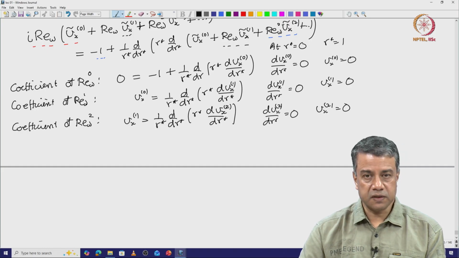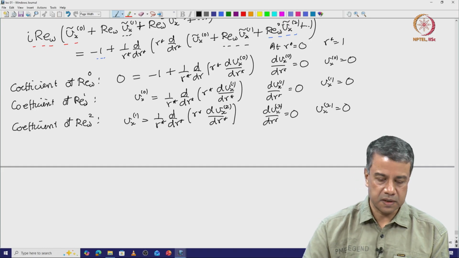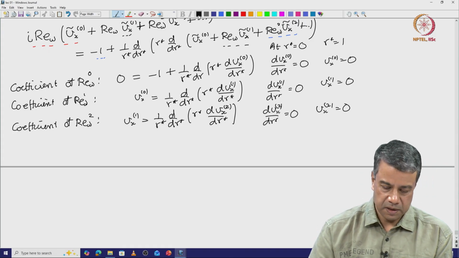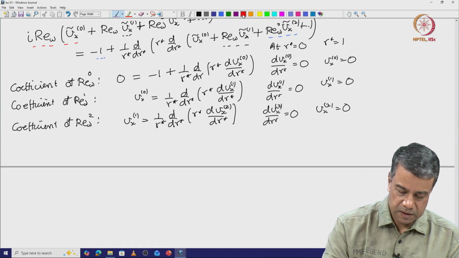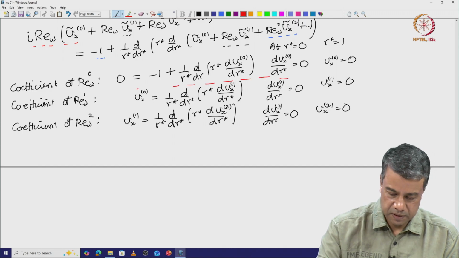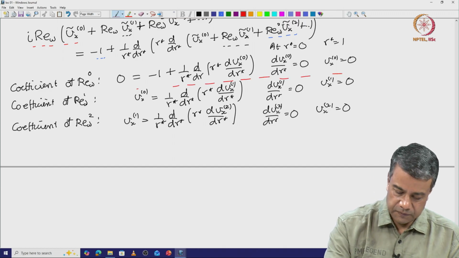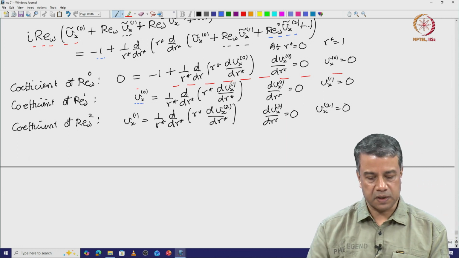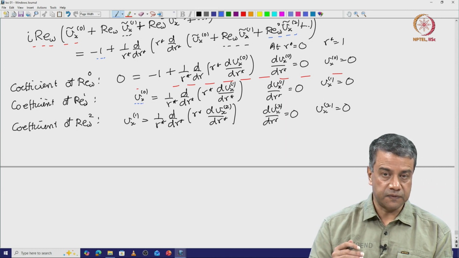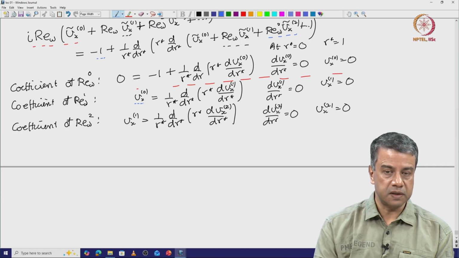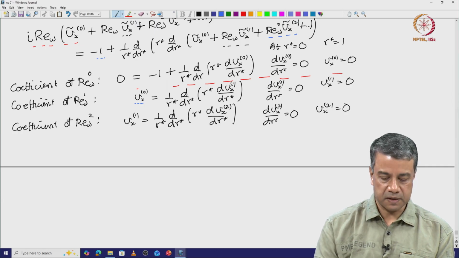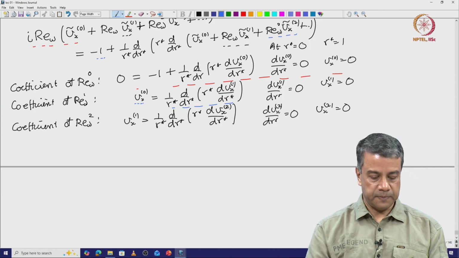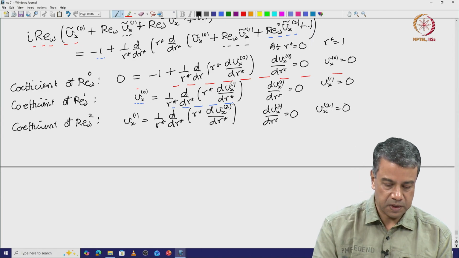So, I can solve each of these equations subject to their respective boundary conditions. I can solve the first equation in order to get Vx naught. Note that Vx naught appears as an inhomogeneous term in the equation for Vx1. So, once I have solved the first equation, I know Vx naught, substitute it into the second equation, find out Vx1, substitute it into the third equation, find out Vx2 and so on.